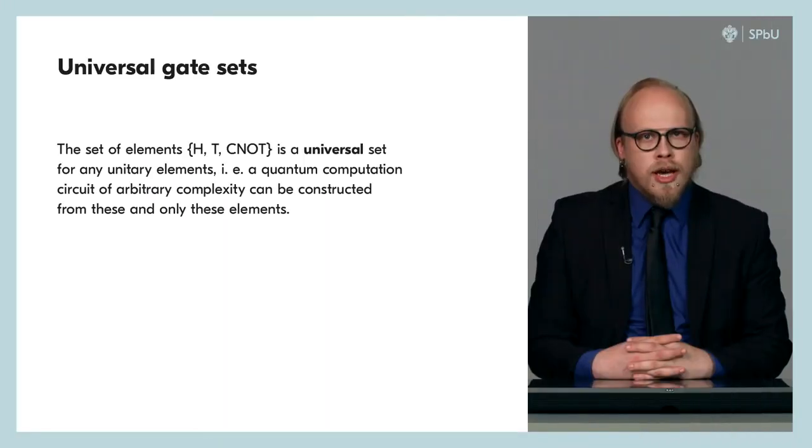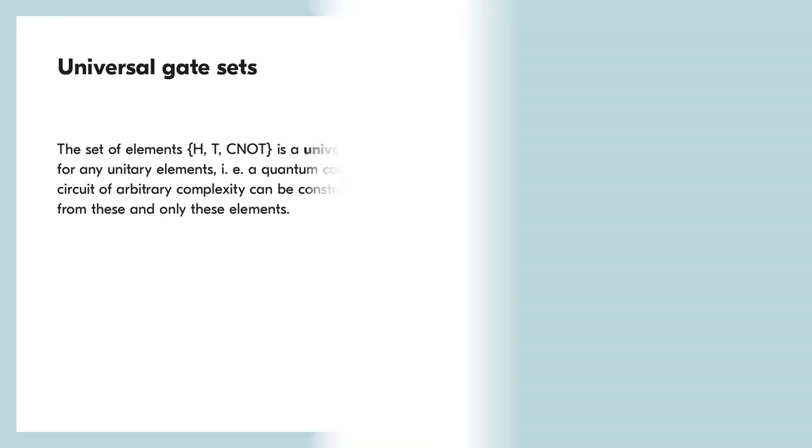It should be noted that the set consisting of the one-qubit logical elements H and T, and the controlled logical element CX, is a universal set for any unitary elements. That is, a quantum computation scheme of arbitrary complexity can be constructed from this and only these elements.